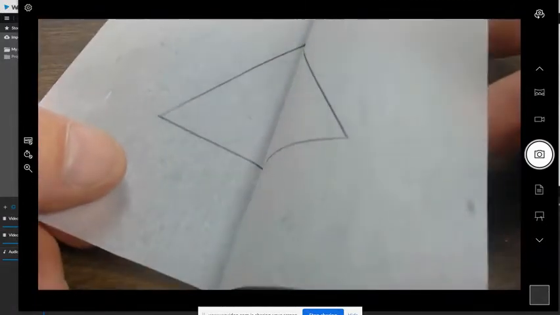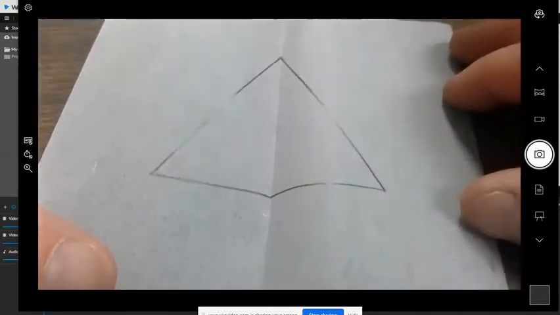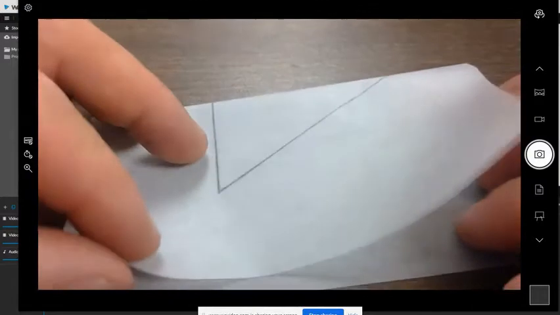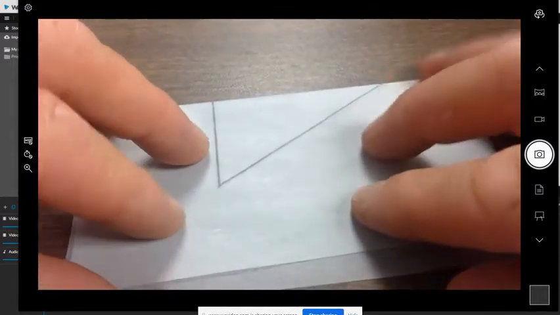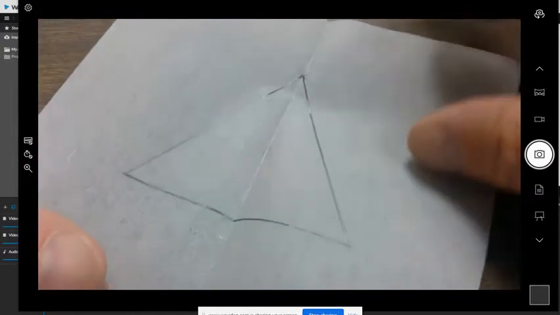And when I open that up, I see that I have two identical halves. It goes right through the vertex here. And when I fold one onto the other, it matches all along that line. Okay, and so this triangle definitely has one line of symmetry.